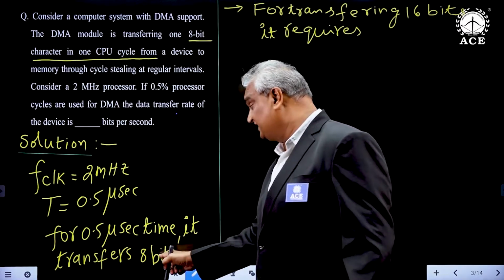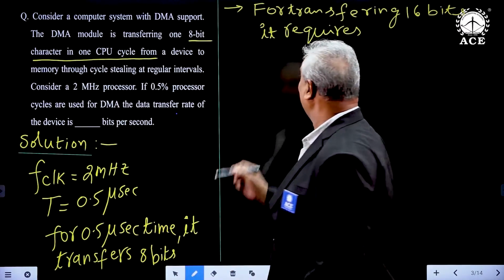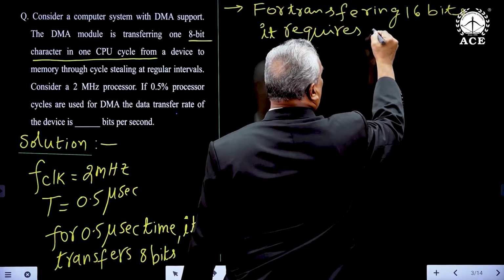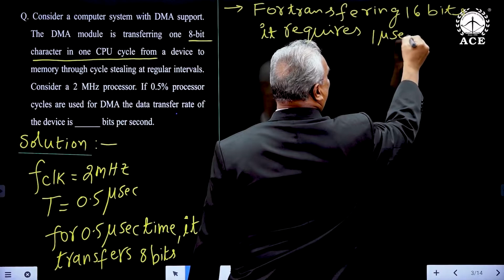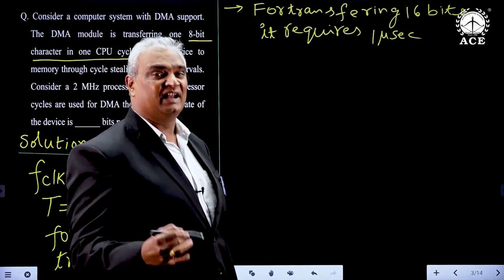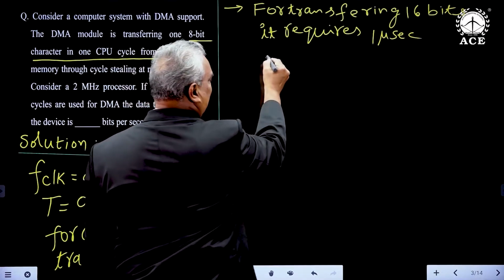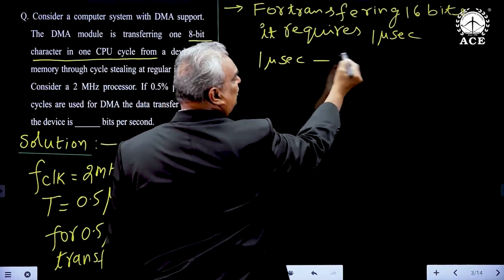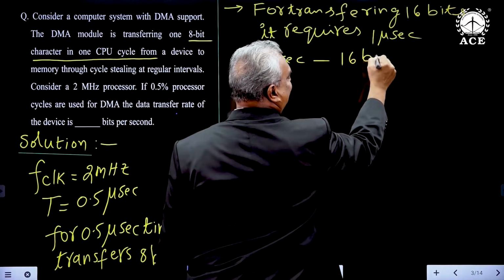Means to transfer 16 bits, it requires 1 microsecond time. For transferring 16 bits, it requires 1 microsecond time. Means in 1 microsecond time, it transfers 16 bits. Observe this. 1 microsecond time is used to transfer 16 bits.